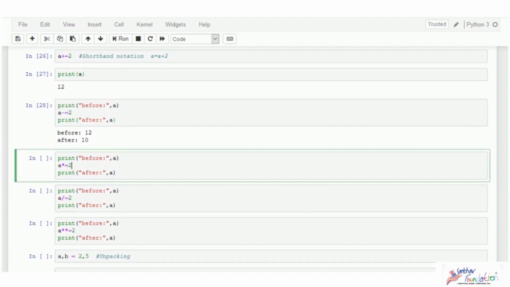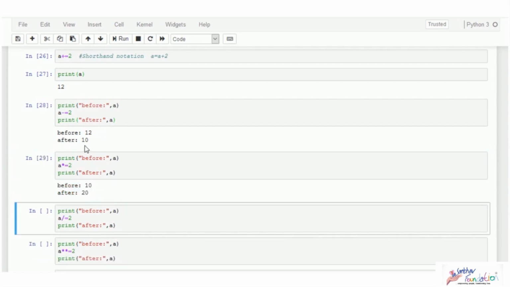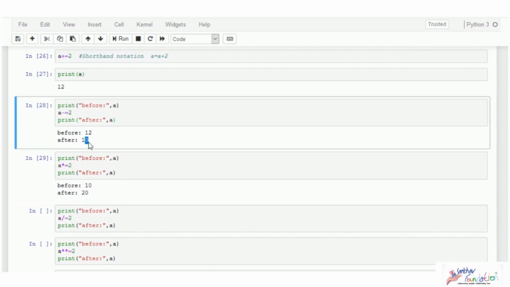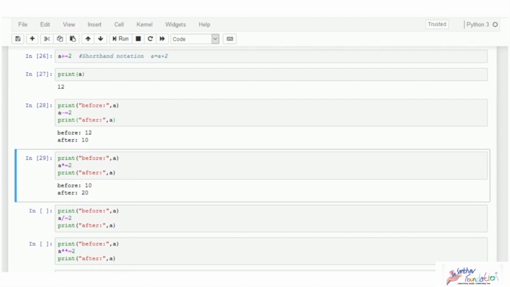Now next we have multiplication. You see that we have been updating the value of A at every stage, and this updated value is used in the next task. So here for multiplication, the current value was 10, so 10 into 2 is 20. The current value of A now is 20.